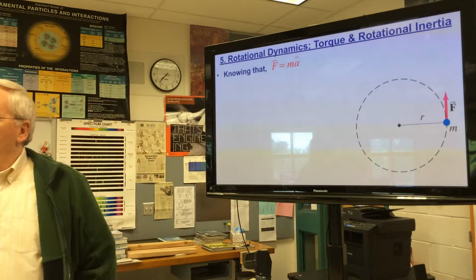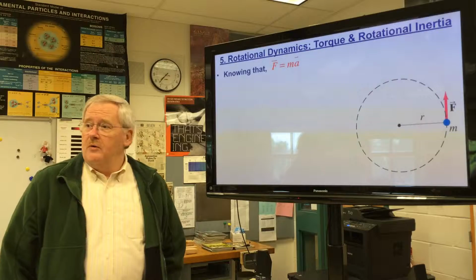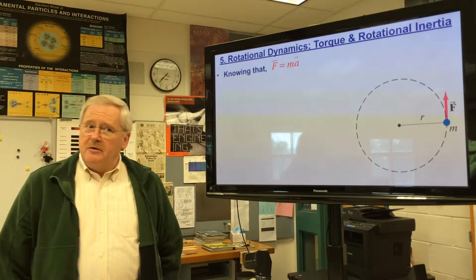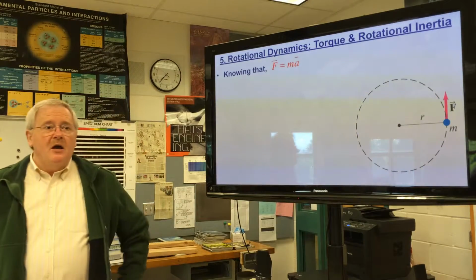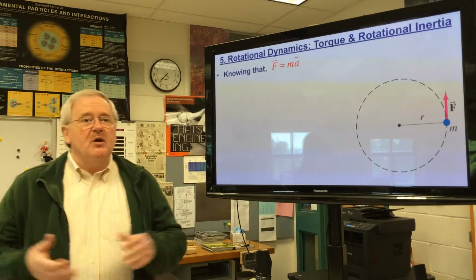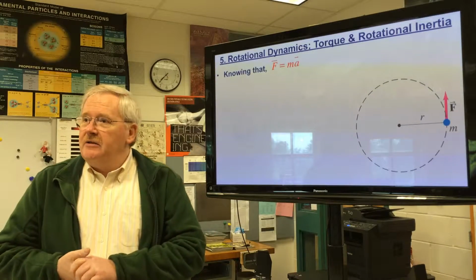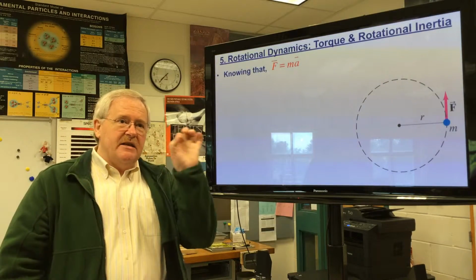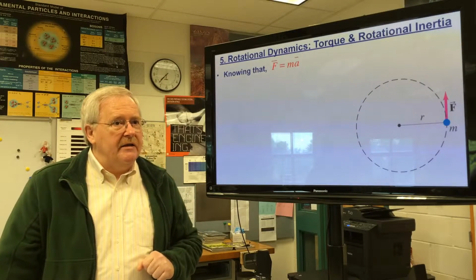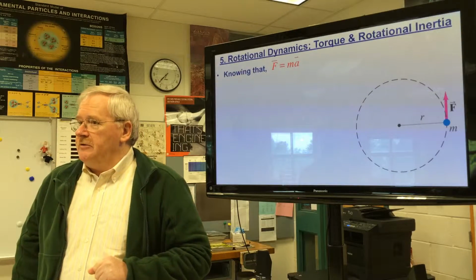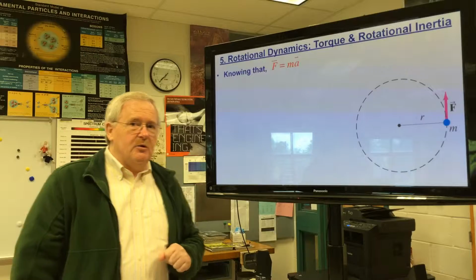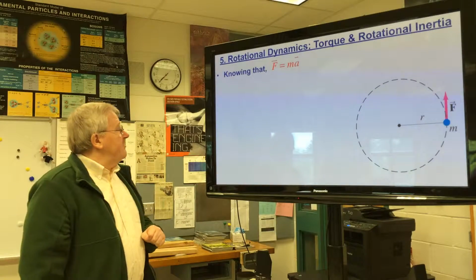Well, we have to find an equivalent for rotational motion, because in rotational motion it matters where the mass is located. We can't just assume that it's a single point, which is what we did when we were doing linear motion, or translational motion, as it's otherwise known.